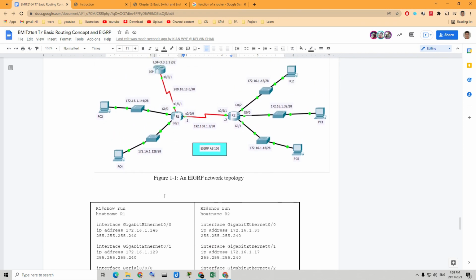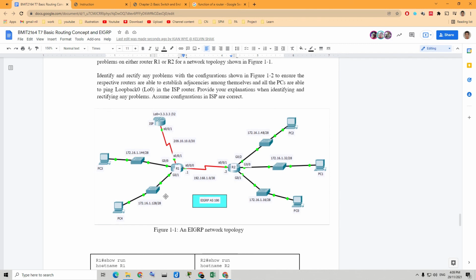Hop is another name for router away from the network you consider. Consider R3.